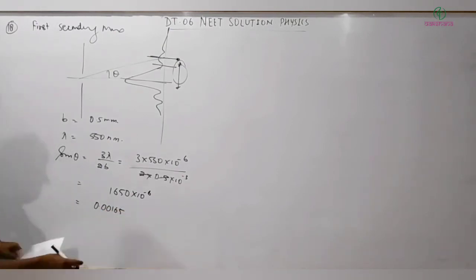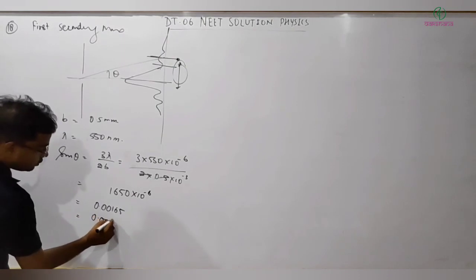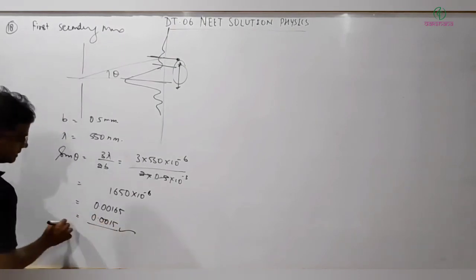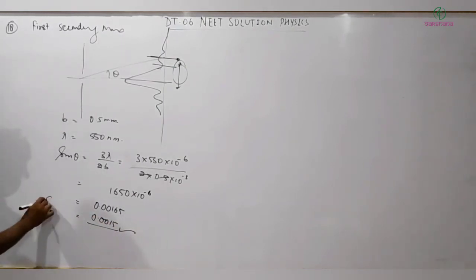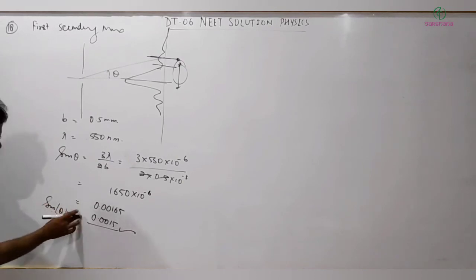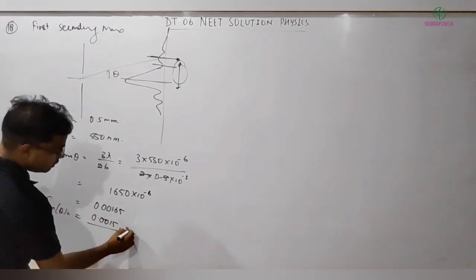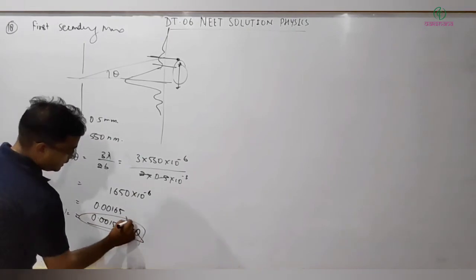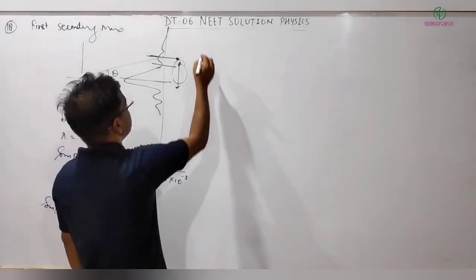The nearest one is 0.0015, and that would be your answer. For a small value, sine theta is equal to theta, so in radians, this will be your answer for question number 18.